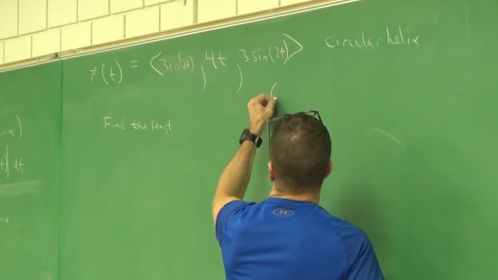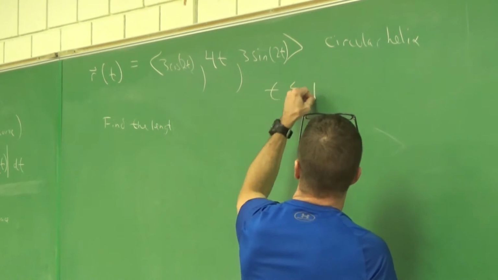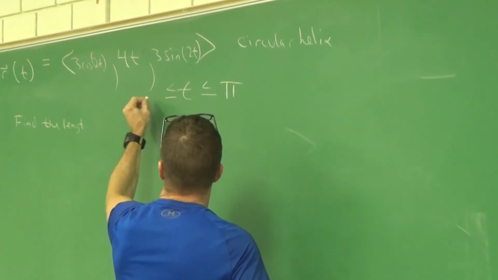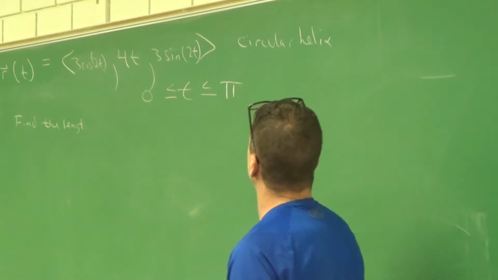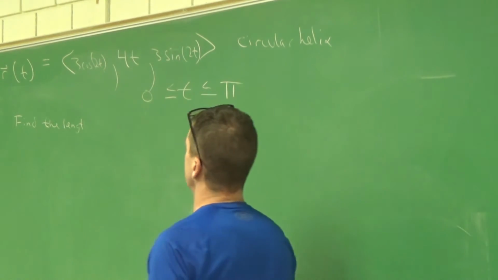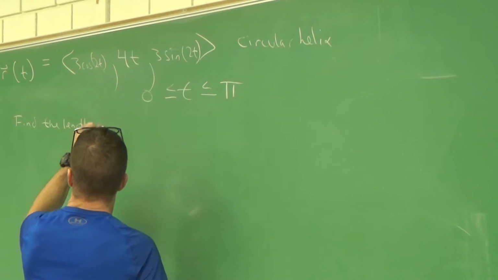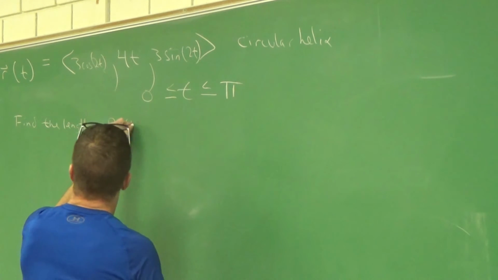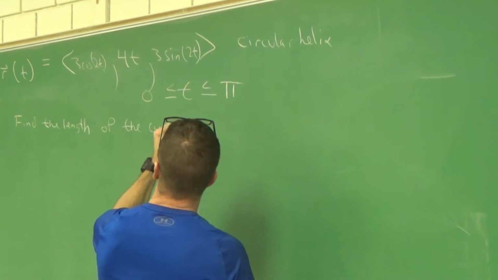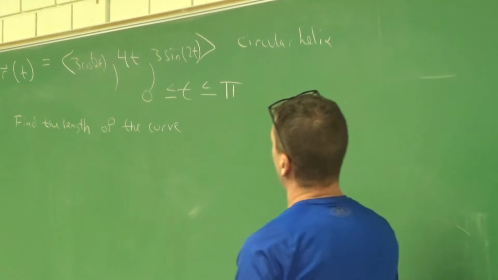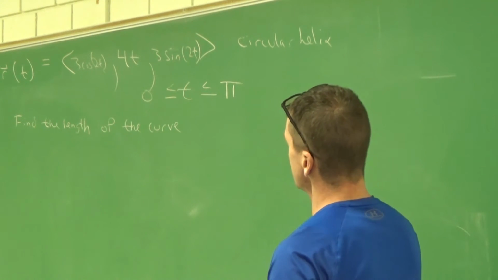This time, everyone, let's go from t equals 0 to t equals pi. Let's find the length of this curve. Find the arc length from 0 to pi. That's also a circular helix.